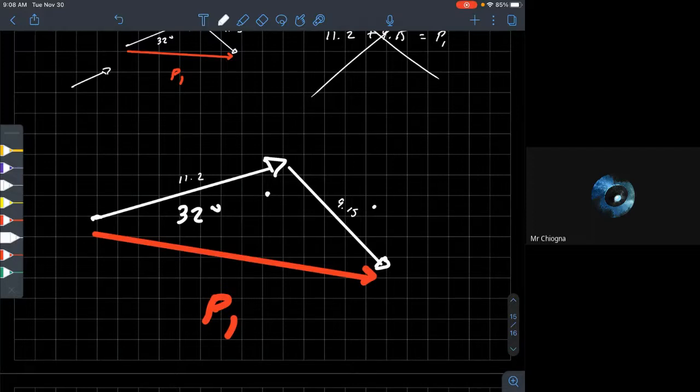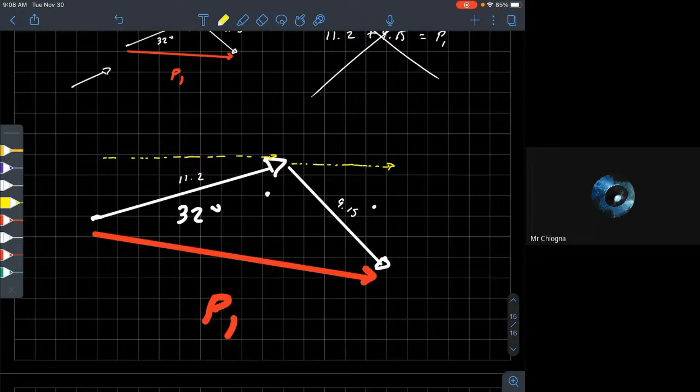Okay. So I'm going to use yellow for the X components, with that X component, that X component. What are the angles?